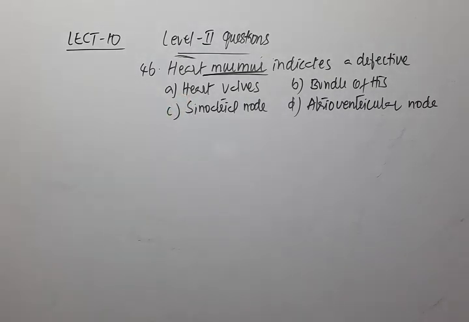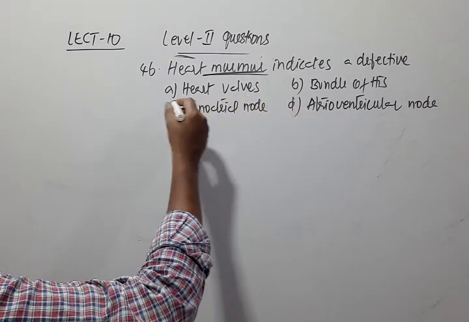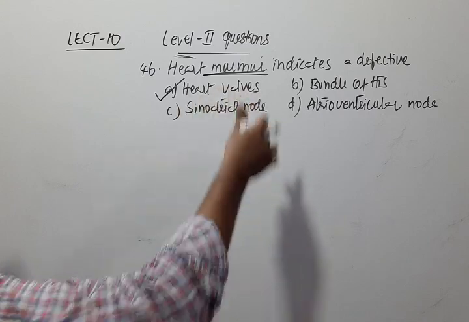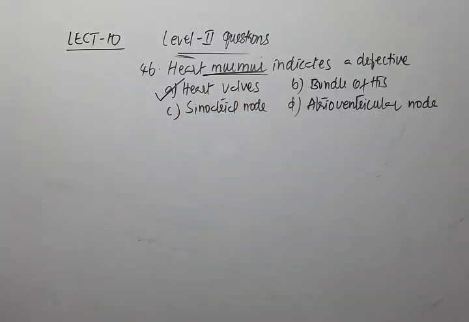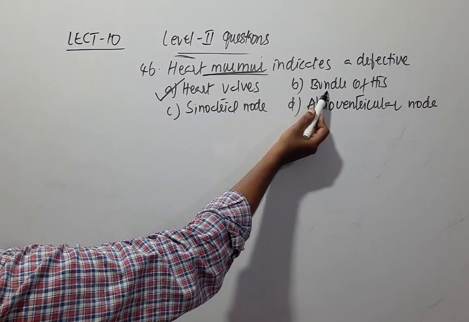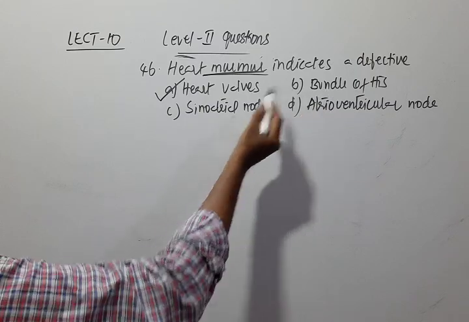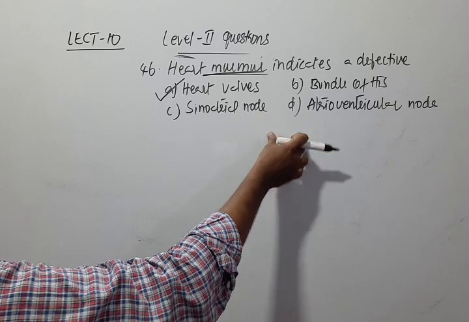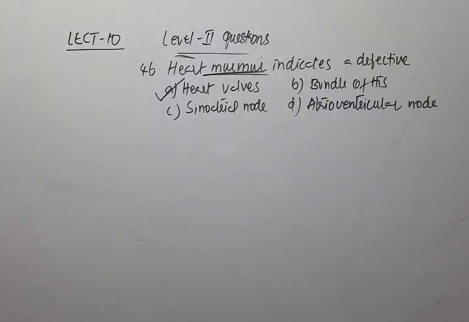So heart murmur indicates defective heart walls, that is the tricuspid or bicuspid valves, not the bundle of His or the sinoatrial node. Those are the nodal tissues which transmit the impulses that help in contraction and relaxation of the heart.